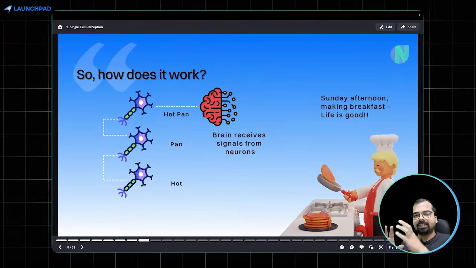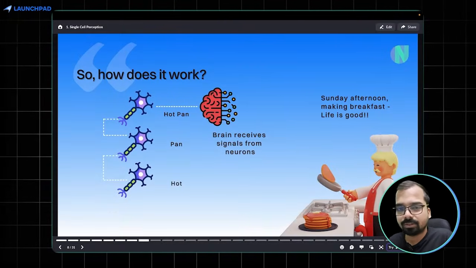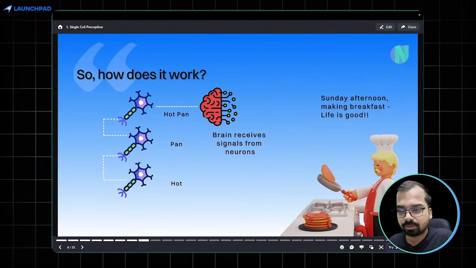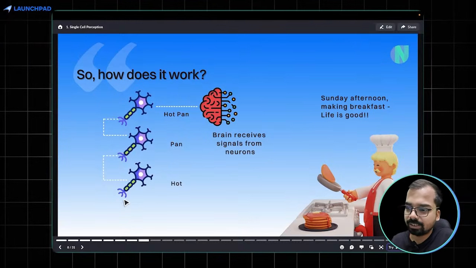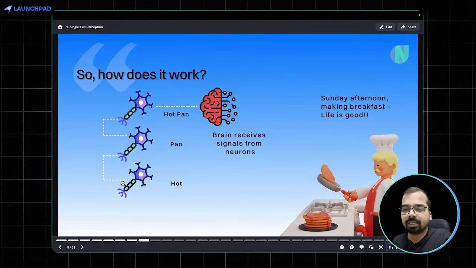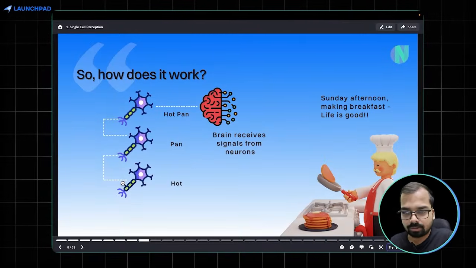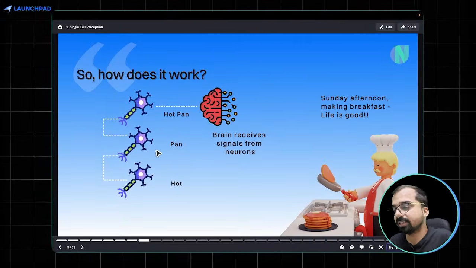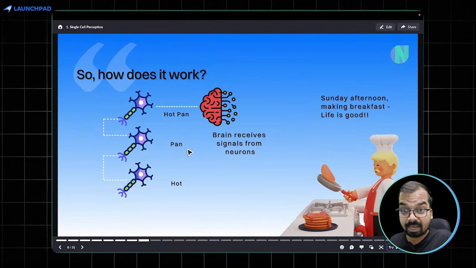This is a very small and also hypothetical example, because one neuron is not solely responsible for something; a bunch of neurons are responsible. Let's say there is one neuron that helps us identify whether the pan is hot or not. There is another neuron connected to our visual receptors, which detects whether it is a pan or not.